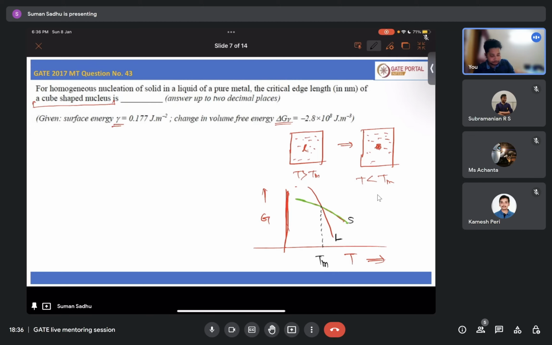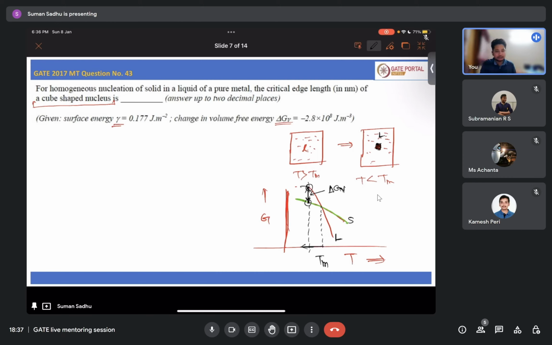When you go below Tm, the G of solid is lower than the G of liquid. This difference is delta GV, which gives you the driving force. But one opposing factor is also there. When this kind of cluster or nucleus is forming, everywhere else you have liquid, but here it is forming a solid-like structure, so you are creating a new interface.